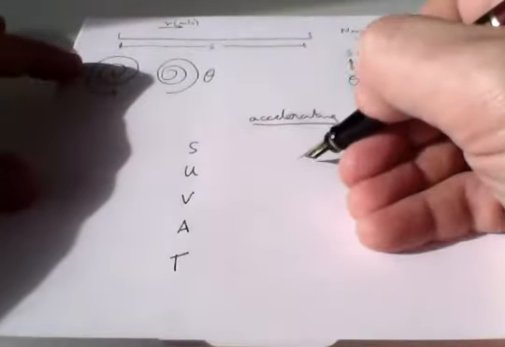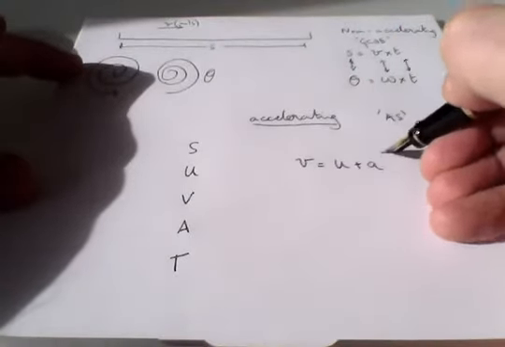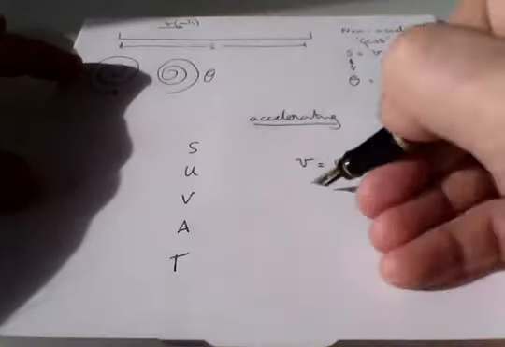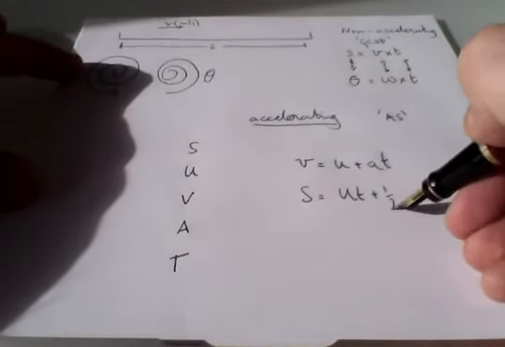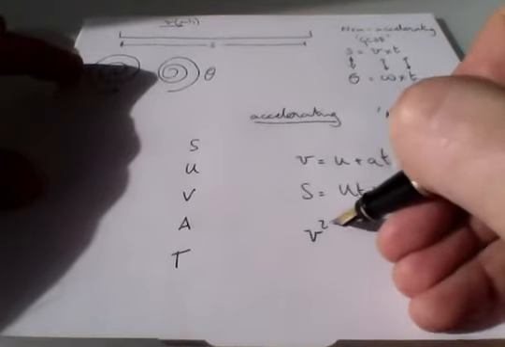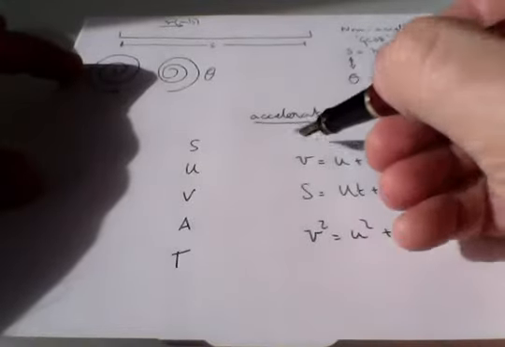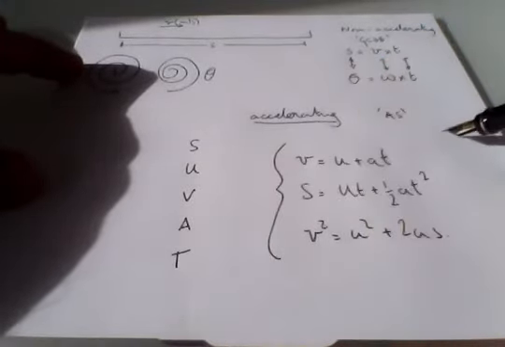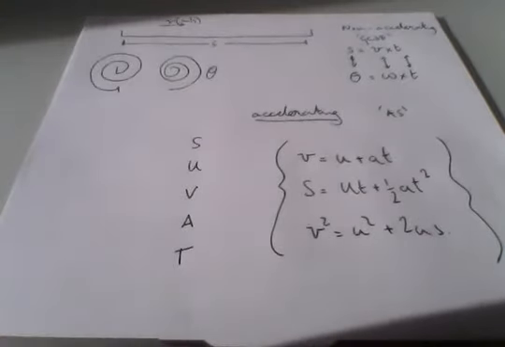And we have three major equations which help: V is U plus AT, S is UT plus a half AT squared, and finally V squared is U squared plus 2AS. Those are the major ones I use. I know you could have some variations in those.